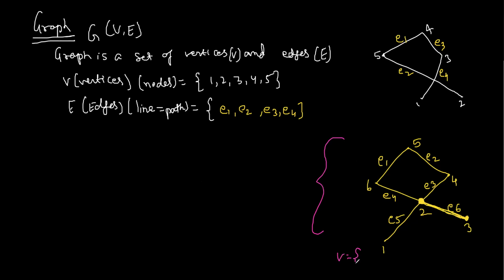So vertices are six vertices. So you can write number of vertices is 6. Number of vertices is represented by, okay.